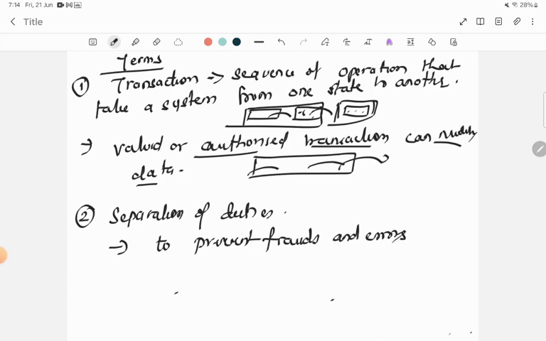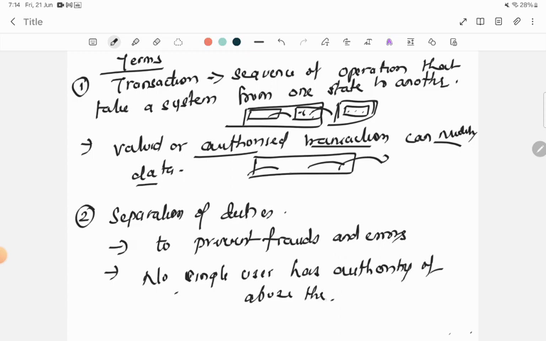It means that no single user should have the authority to do anything to the system, no single user has the authority to abuse the system.